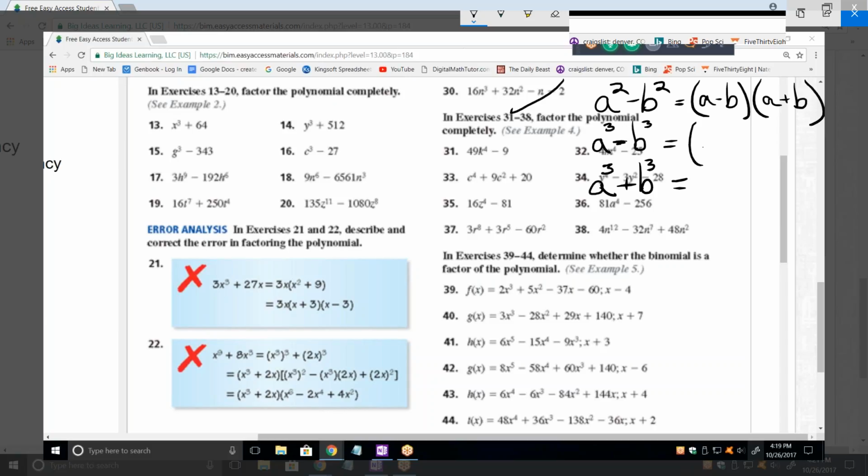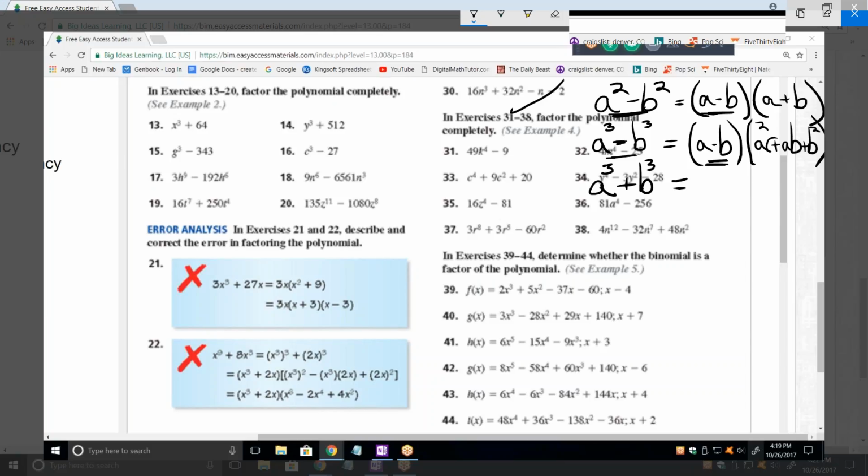Watch the pattern. In other words, that term is always linear and matches the sign of the problem in both places. It's not squared or anything. Okay? The second term is a squared.